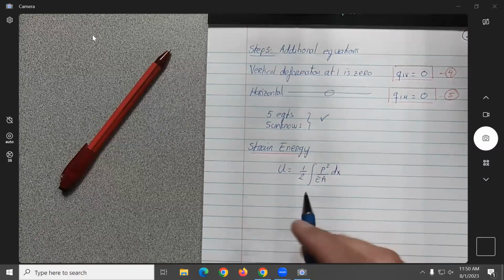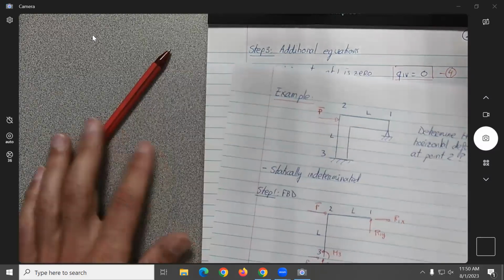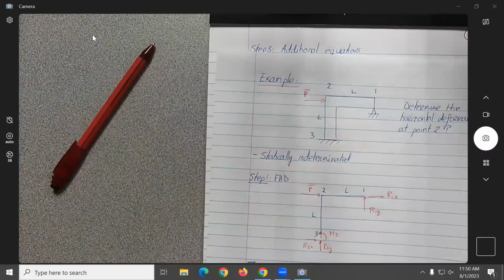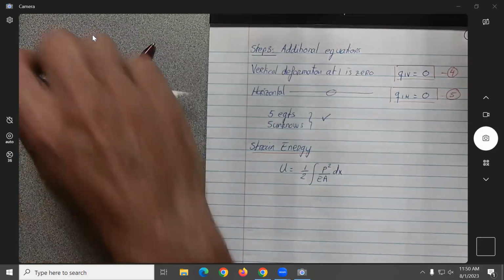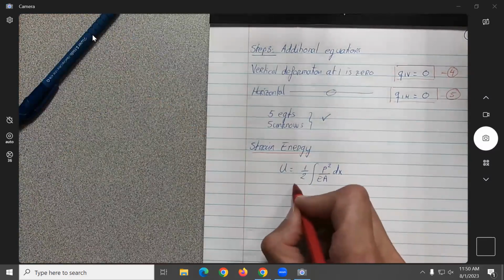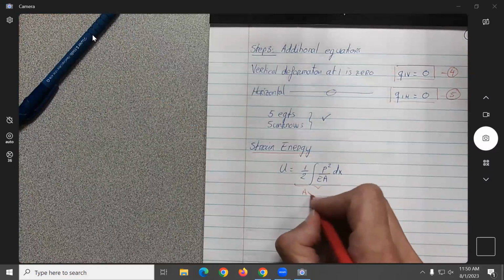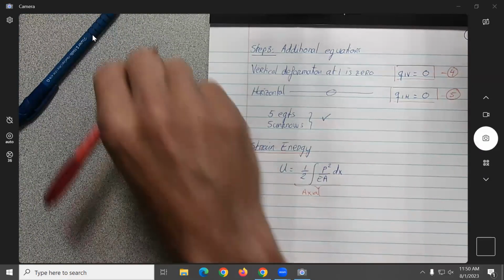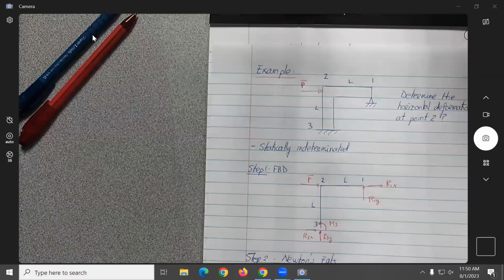So this would be axial deformation, no? Yeah, bending deformation in 1, 2. So this will be axial, basically, mostly coming from 1, 2.